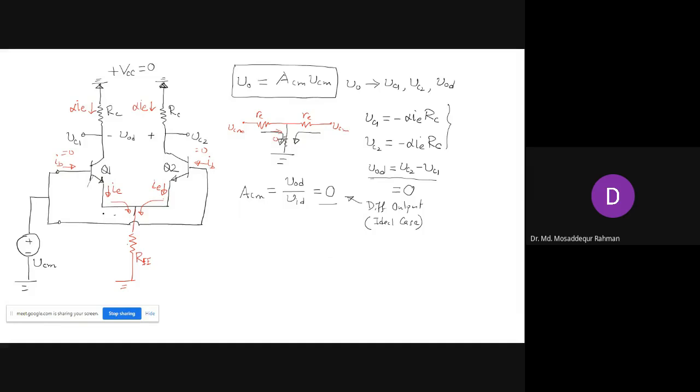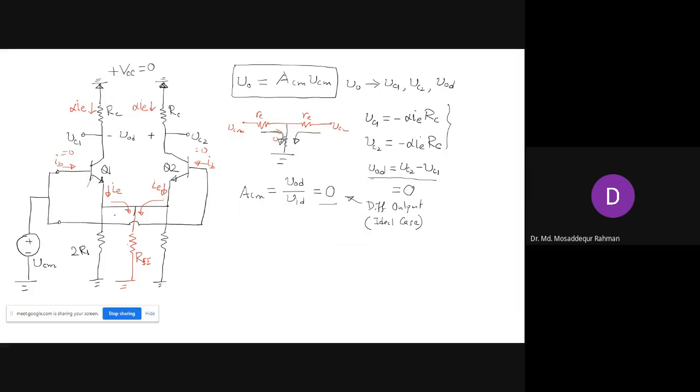Now, if you look at the circuit, you see that this RE, one single resistor, we can split it into two resistors and show it like this. So RE split into two resistors.